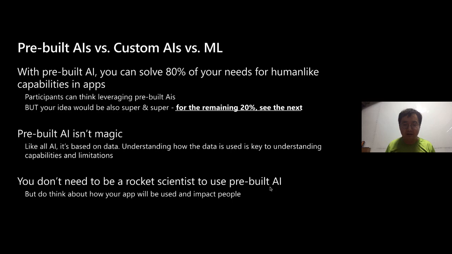The pre-built AI is not just magic, but it really helps you think about your problems easily, and then it lets you think more about your own real problems. Pre-built AIs can solve some simple problems, and then your own custom AI models or machine learning algorithms can solve the remaining 20% to focus more.